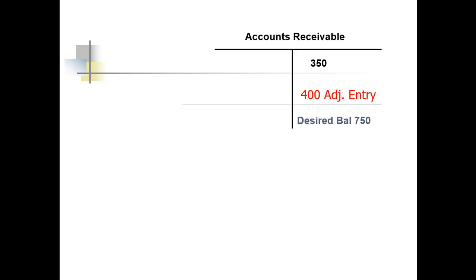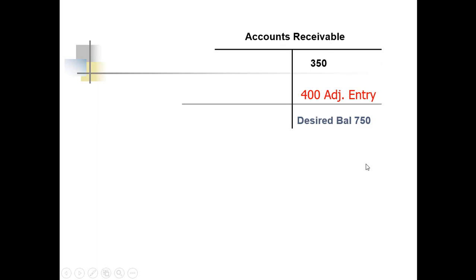So to figure out what we need to adjust it for, the easiest thing to do is just plug it into your T account here. If I look at this T account, it tells me that it started with $350, and it tells me that my desired balance is $750. Well, that tells me the adjusting entry that I need to make here is $400. And this shouldn't be accounts receivable. Sorry, that's a typo. This should be the allowance for bad debts T account.